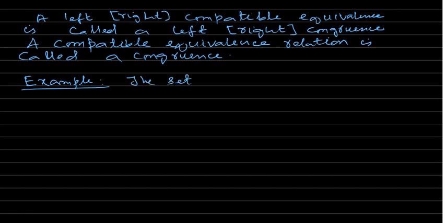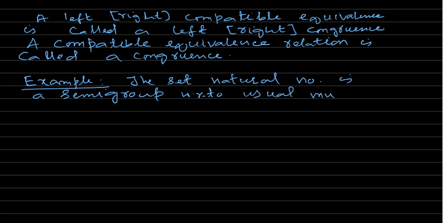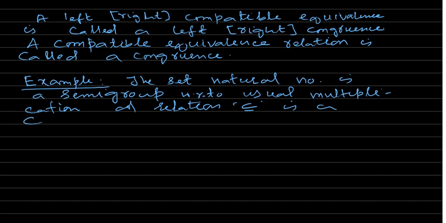The set of natural numbers is a semigroup with respect to usual multiplication, and the relation less or equal to is a congruence on N. This relation is compatible, because if we have n1 less or equal to m1 and n2 less or equal to m2, then n1 n2 is less or equal to m1 m2.